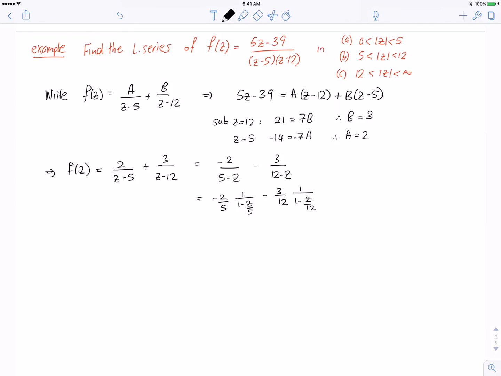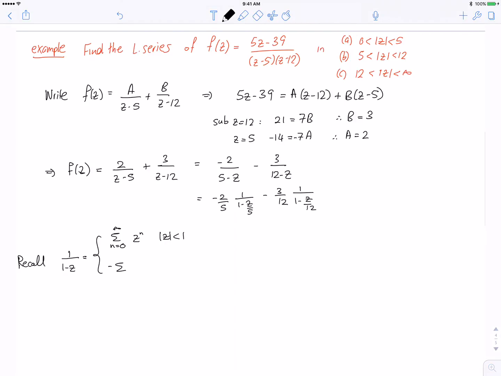This one is extremely important because you use it over and over. So I'll write it as, recall, if you have 1 over 1 minus z, you can write this as the sum from n equals 0 to infinity of z to the power of n, if modulus of z is less than 1.